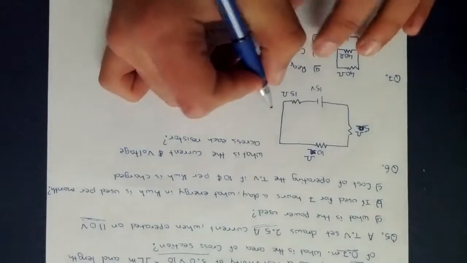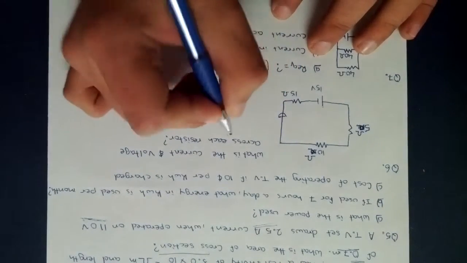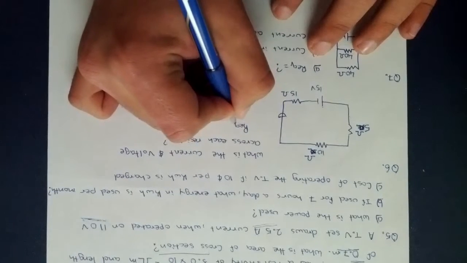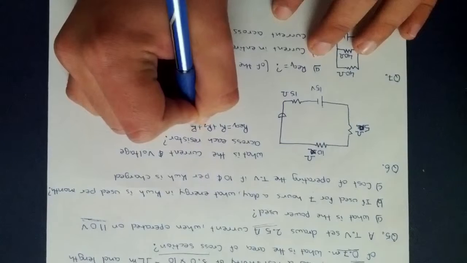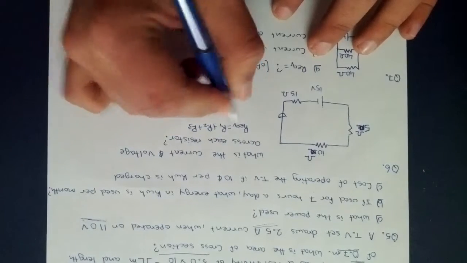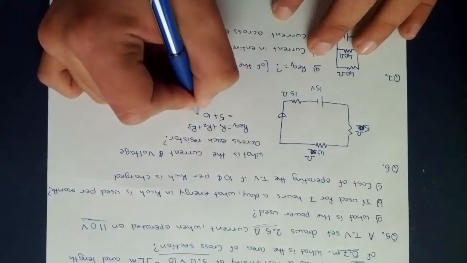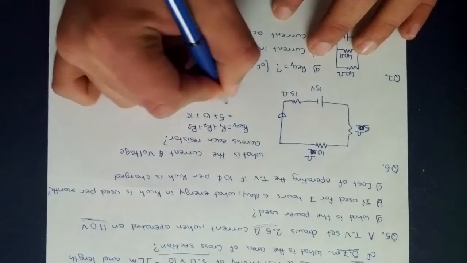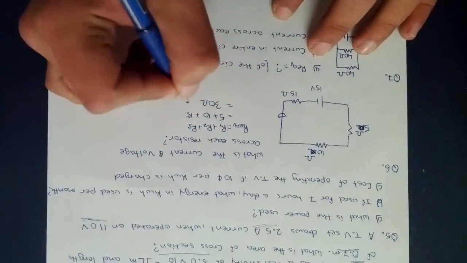And how would you find the current, you might ask. You find the Req. So Req equals R1 plus R2 plus R3, because there's three resistors. R1 is 5 ohms plus 10 ohms, which is R2, plus 15 ohms. You get 30 ohms as Req.